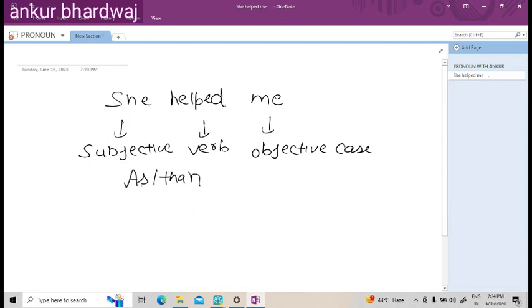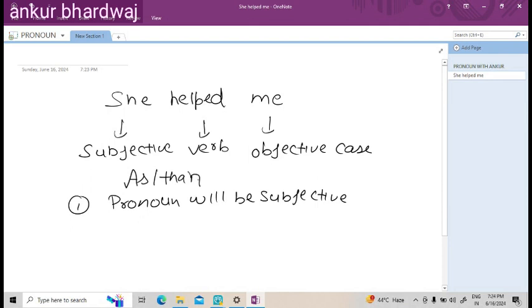When there is a comparison, the first case will be when both pronouns will be subjective. In this case, subjective case will be I, and objective case will be me.